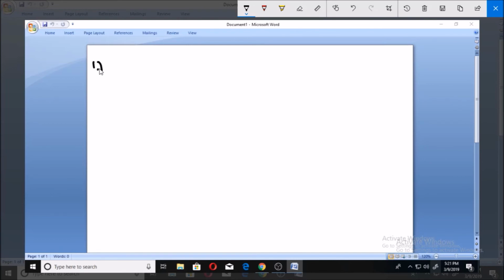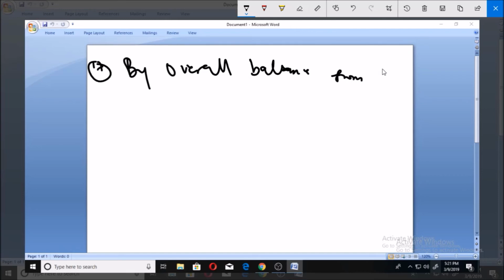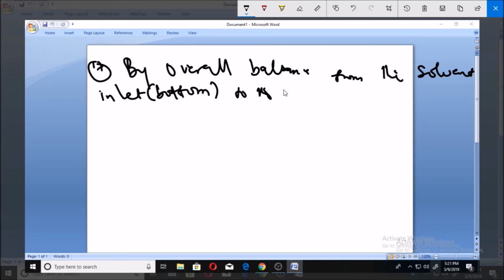So the 17th step that we take is that by overall balance from the solvent inlet, you know that the solvent comes from the bottom to the intermediate point.